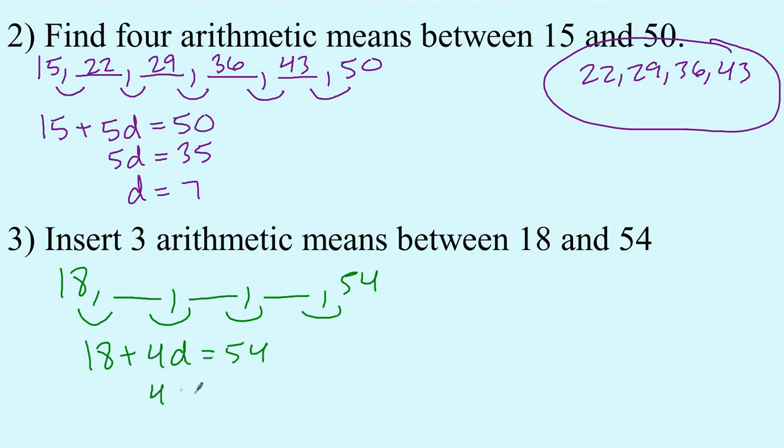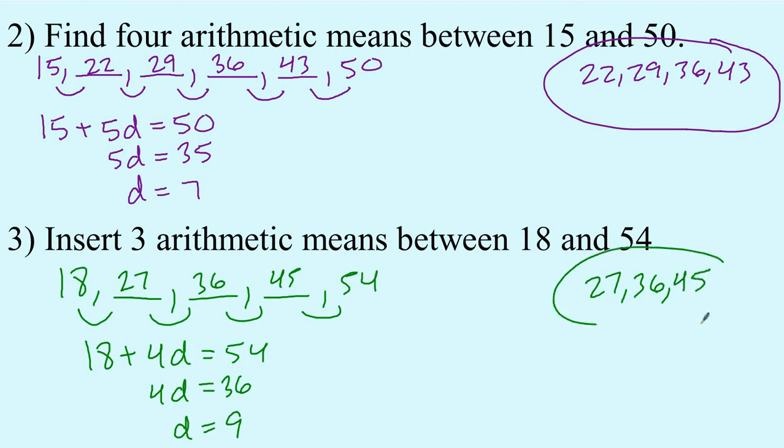Okay, so we get 4d equals 36. And our difference is 9, so we just keep adding. 27, 36, 45. So that checks out, because I started with that first number they gave me and I ended on the same number. If I didn't, then I did something wrong.